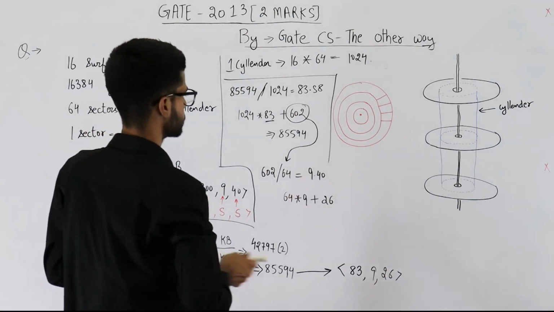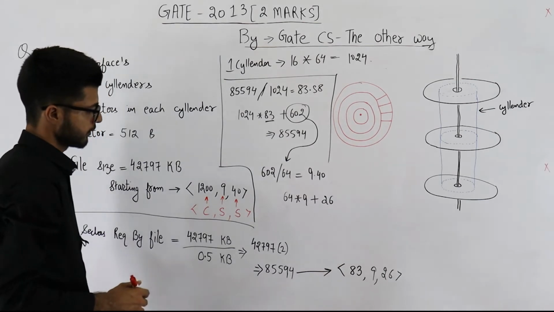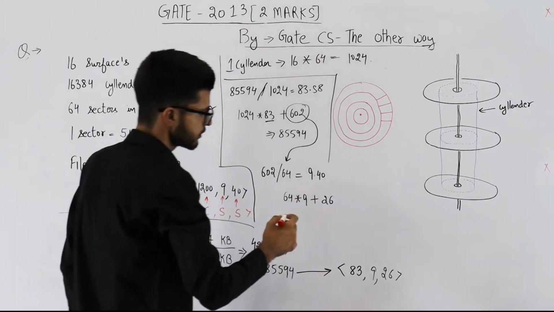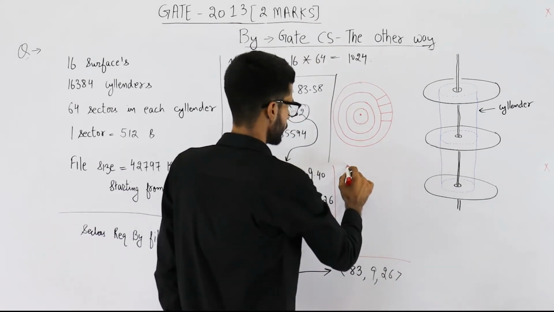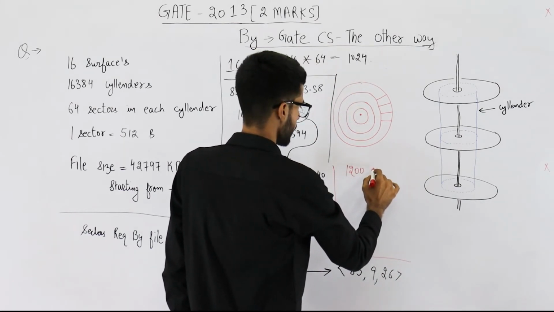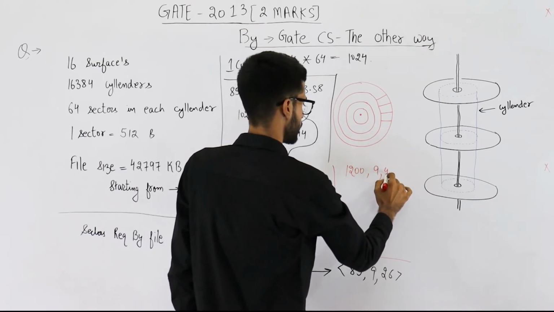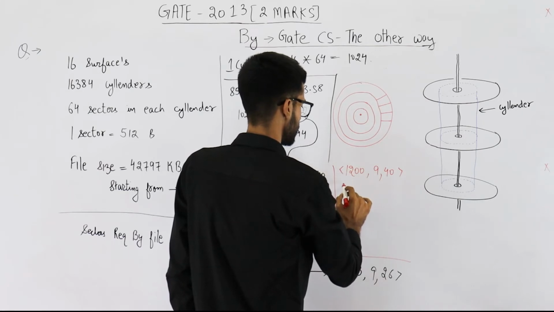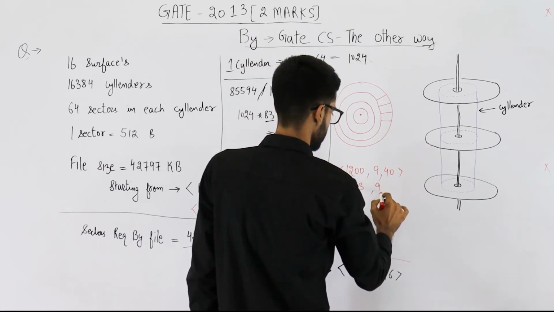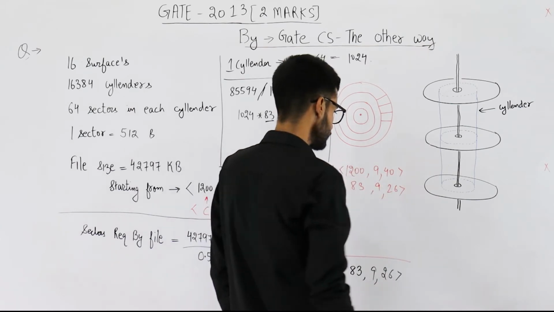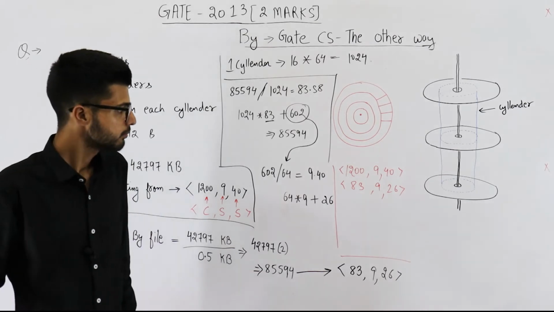Let's do that. 1200, 9, 40. To this address, we need to add 83, 9, 26. Now, if you add 40 and 26, you will get 66.